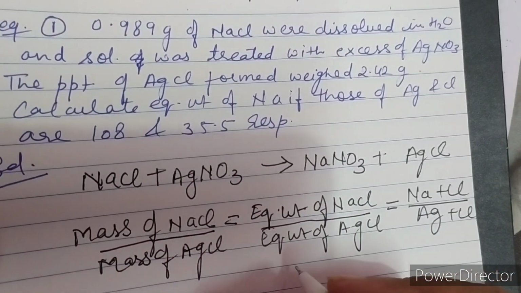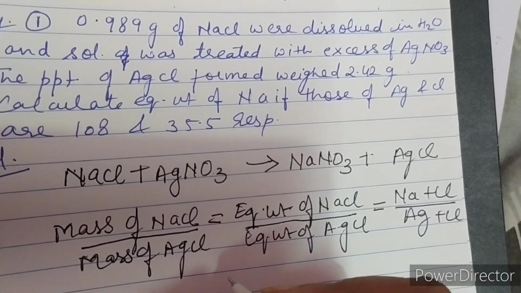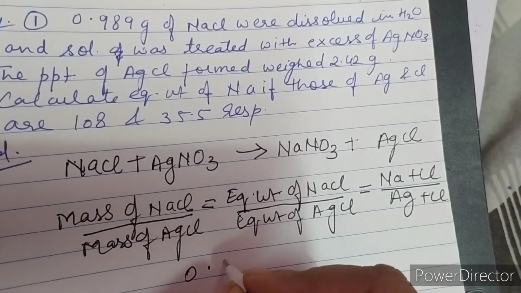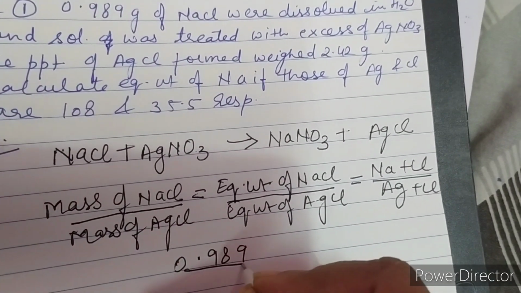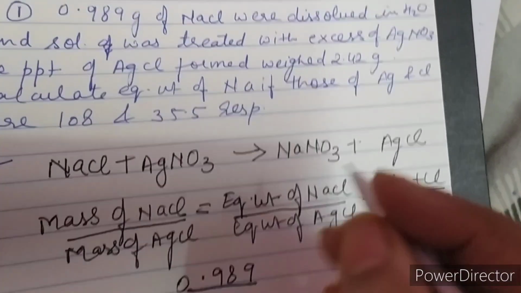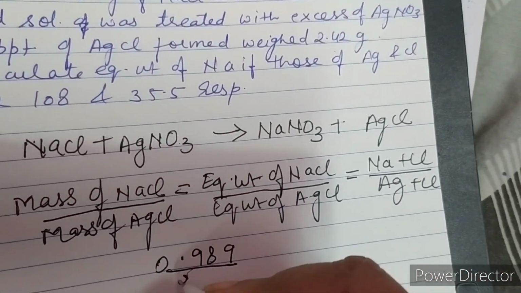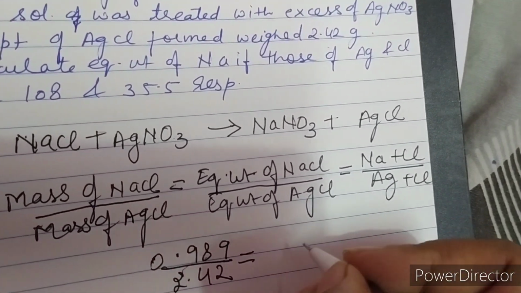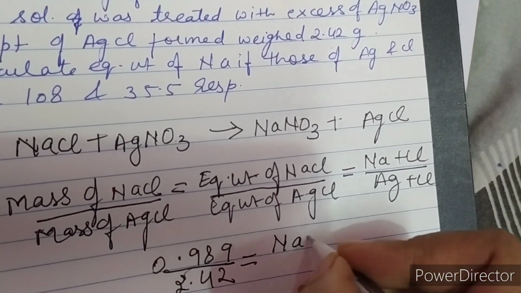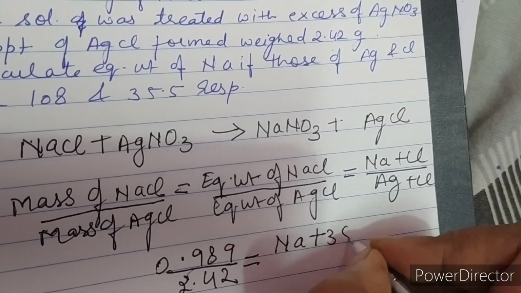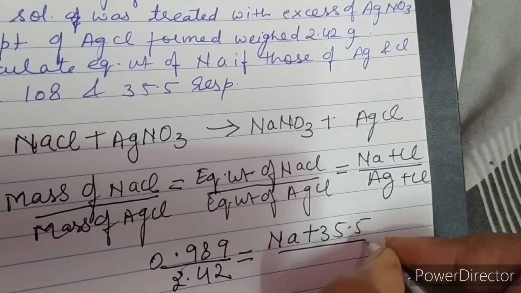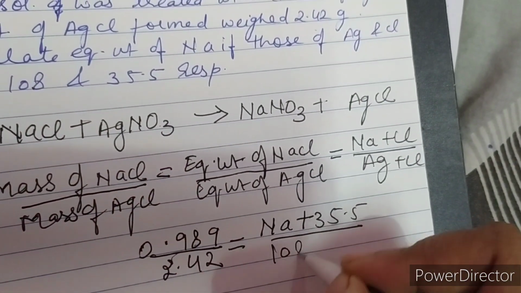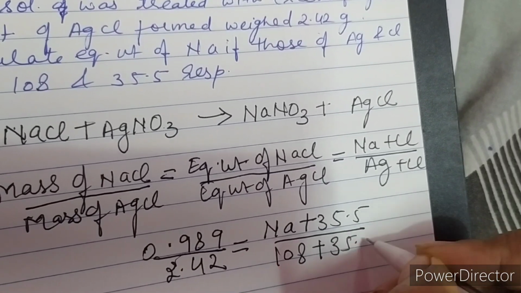Now, substituting the values, we get 0.989 gram of NaCl given, divided by the mass of AgCl given as 2.42 gram. And now the equivalent weight of sodium, which we have to determine, plus the equivalent weight of chlorine given as 35.5, divided by the equivalent weight of silver given as 108, and the equivalent weight of chlorine again 35.5.